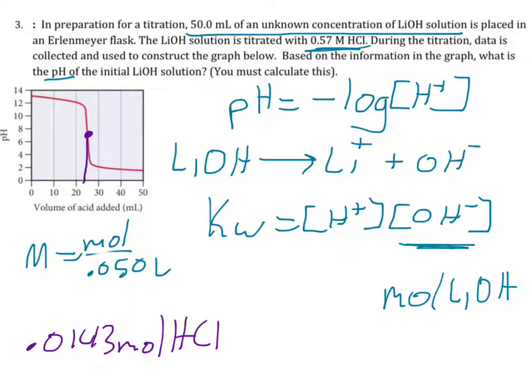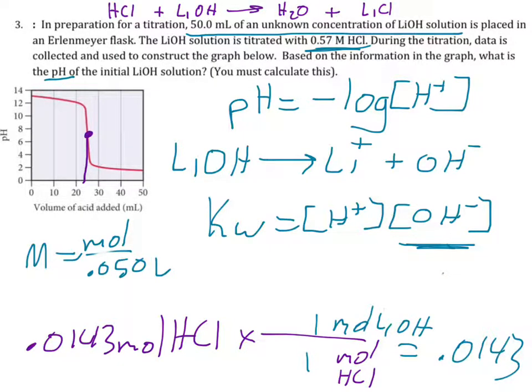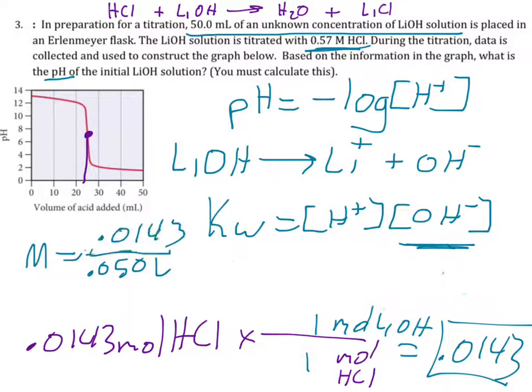And we do need a balanced chemical equation. We can see that moles of HCl is a 1-to-1 ratio with moles of lithium hydroxide. And then once we find the moles of the lithium hydroxide, we just plug it right into that equation there, and then we just solve for molarity.